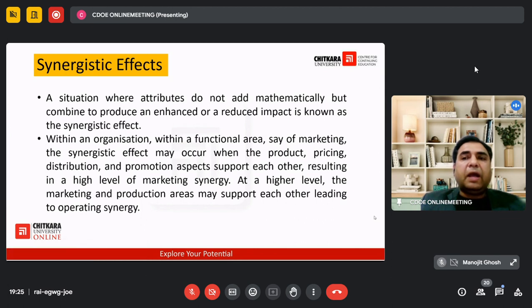Maybe not as it was at the initial stage, but at some point in time, they gave some synergy to the organization. So these types of functional effects or changes are to be taken care of by organizations on a regular basis, on a priority basis. If they miss this synergy, there are chances organizations are going to lose their framework.